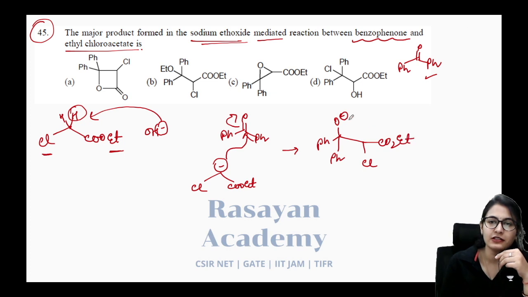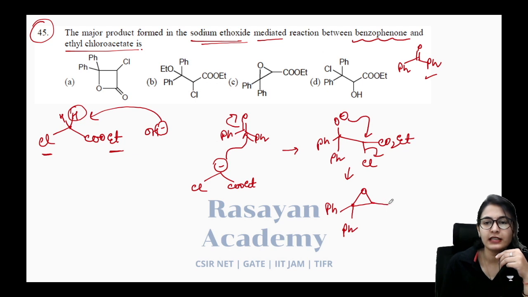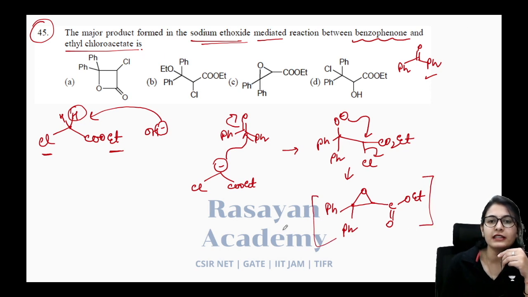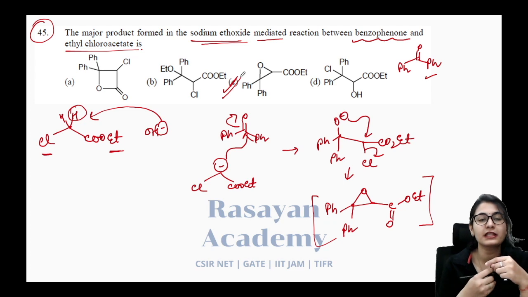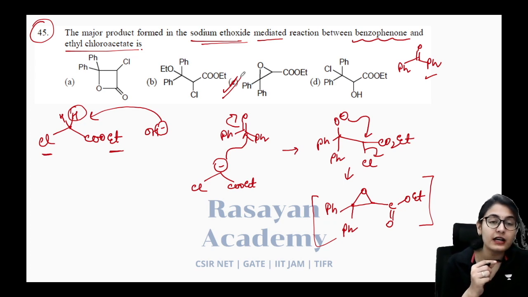Have you seen this reaction before? By now you must be able to remember. Yes, this is your Darzens glycidic ester synthesis, because here you are going to get the epoxide. What is this? It is an alpha beta epoxy ester. Your answer is option number C. This is your Darzens glycidic ester rearrangement.